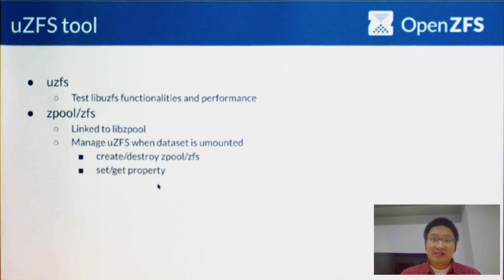Besides ZFS Fuse, we also implemented some other command line tools. The first one is the UserFS tool. This is used to test the UserFS functionality and the performance upper limit, because this tool is linked to UserFS and the zip directory, and all the code runs in the same process.